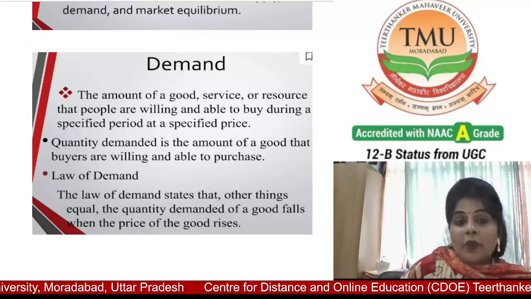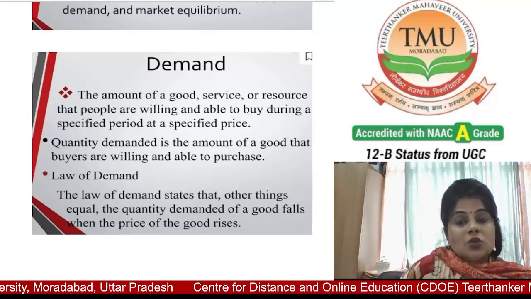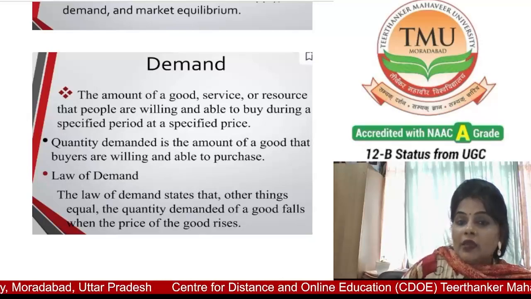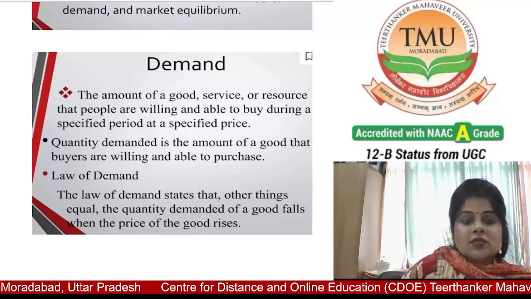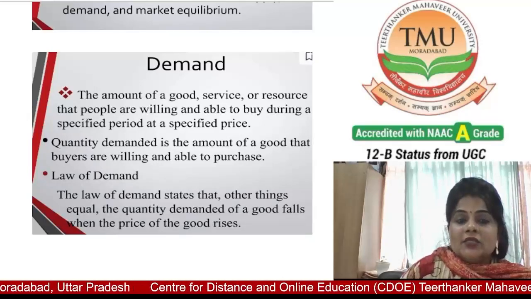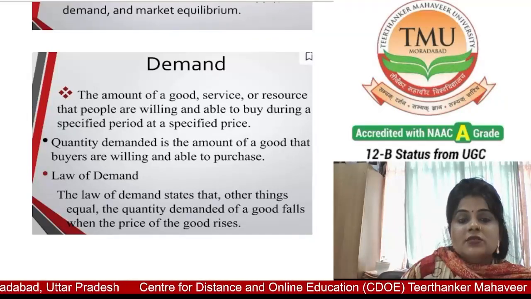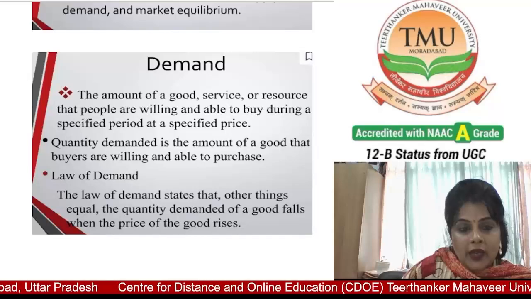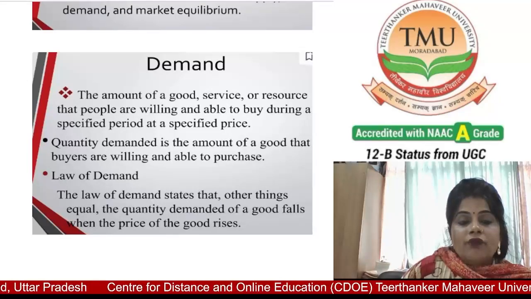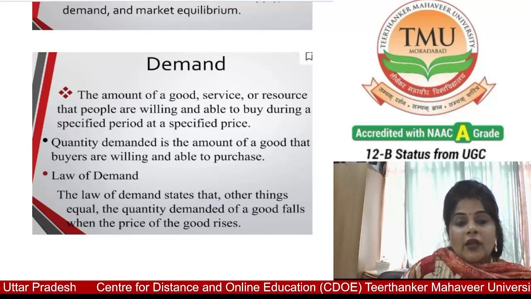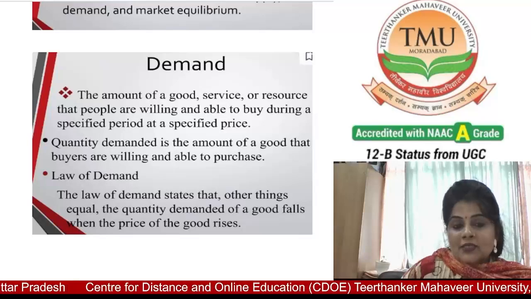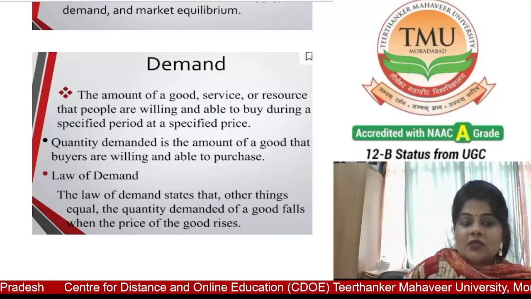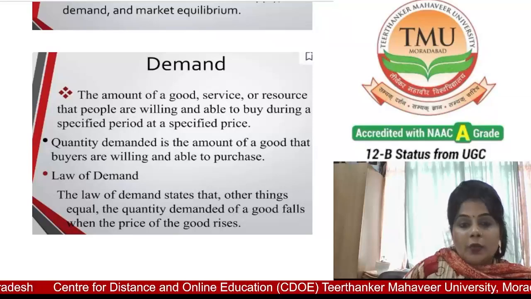So demand is the amount of a product that consumers are willing and able to purchase at any given price. It is assumed that this is effective demand, backed up by money and an ability to buy. The law of demand states that the higher the price, the lower the quantity demanded, and the lower the price, the higher the quantity demanded.